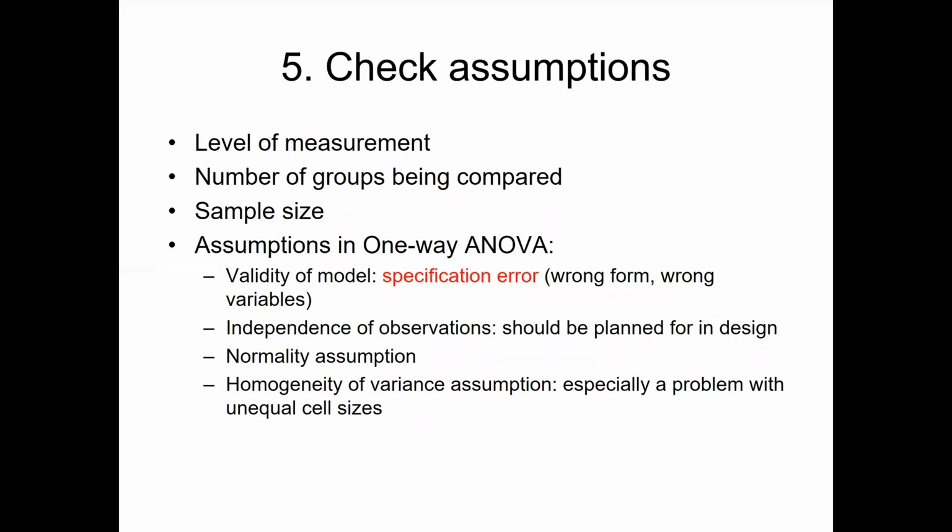And the other assumptions, I'm going to skip validity of the model, we'll come back to that later. The observations have to be independent. That means that there can be no overlap, just like in a t-test, the groups have to be separate. No one can belong to more than one group, and the members of one group shouldn't in any way be contingent on the members of another group.